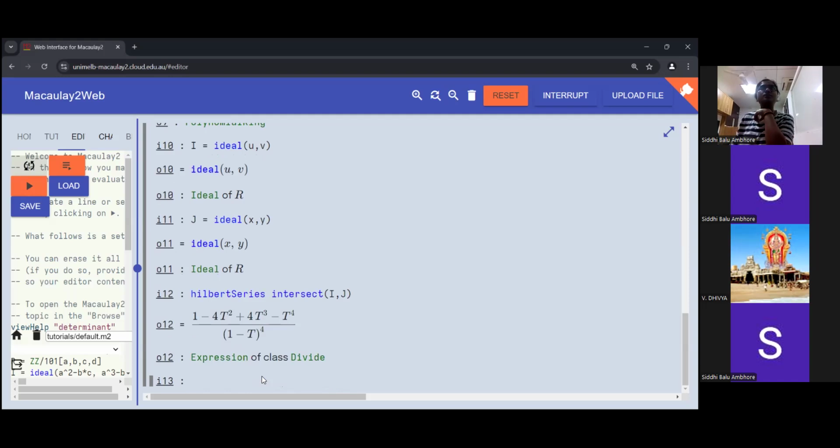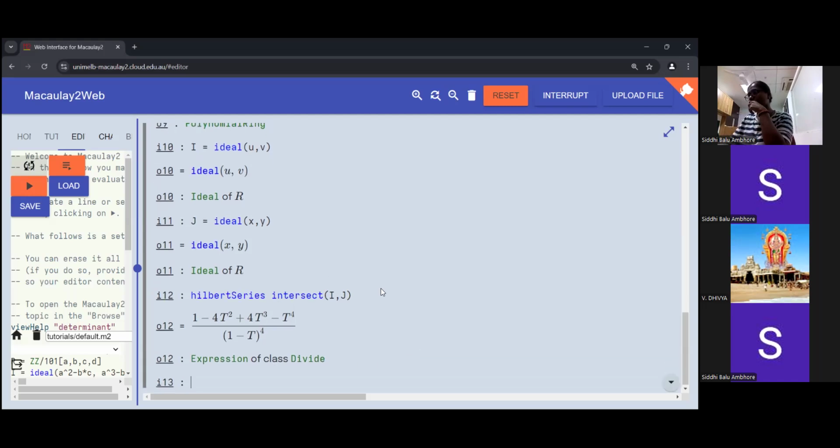And what was the answer given in the lecture? Let me check it. They are saying that it is true. 1 minus t power 4.